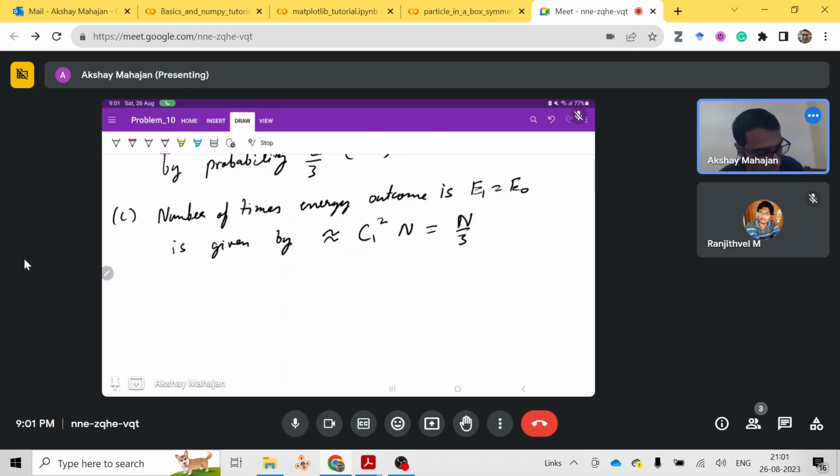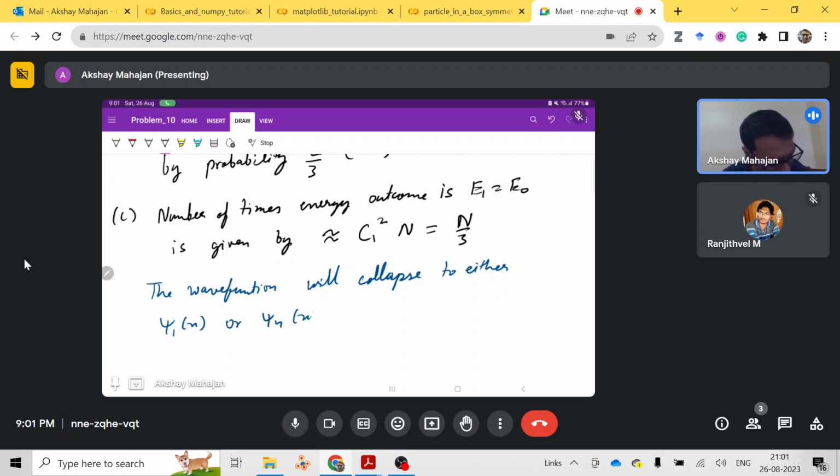The wave function will collapse to either psi1 of x or psi4 of x with probabilities given by C1 square and C2 square respectively.